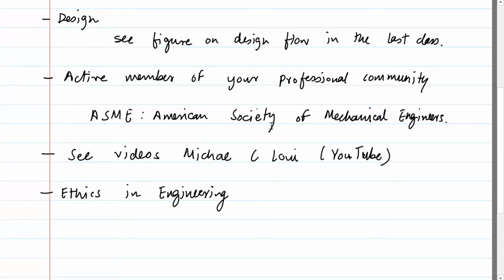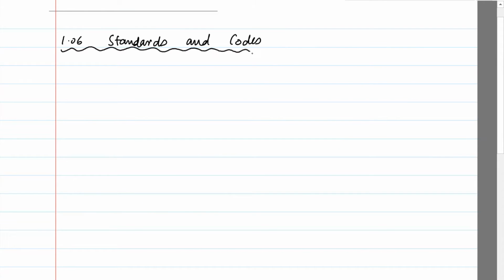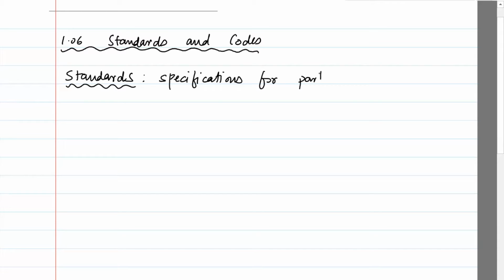Okay, so let's move on. The two terms, standards and codes, are really two different things. Let's see what standards are first. So standards are basically a set of specifications for parts, materials, or processes.